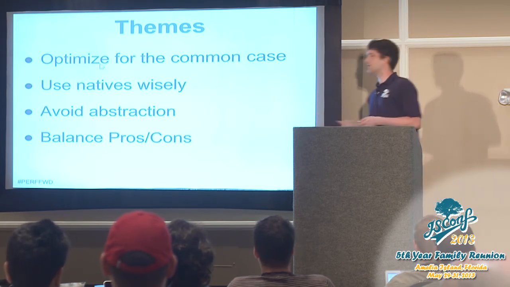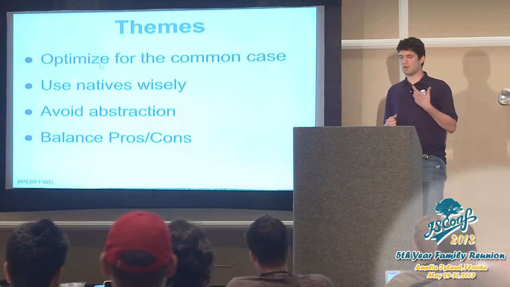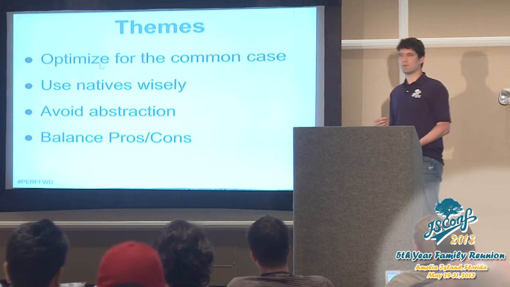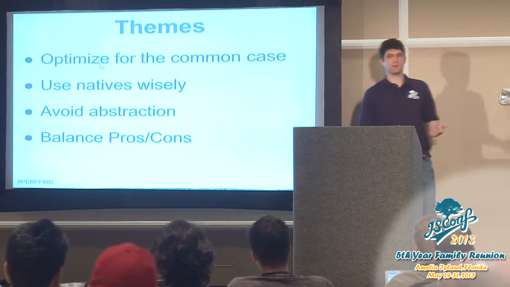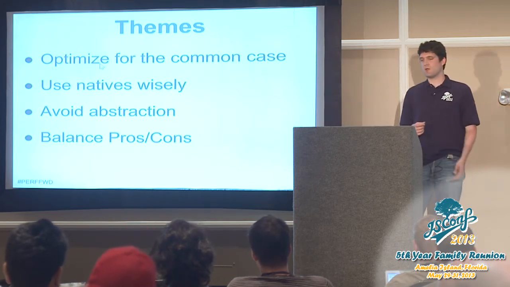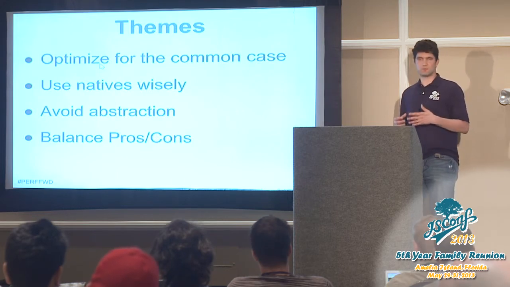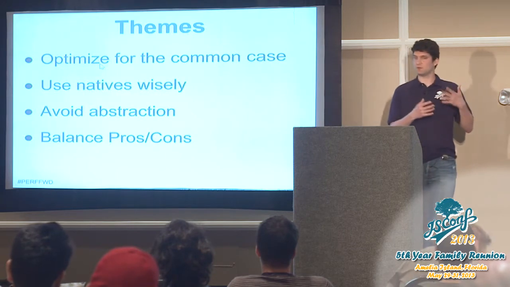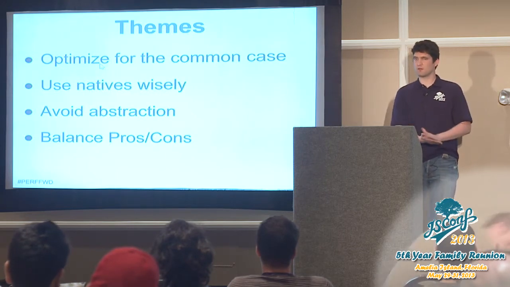And then to balance the pros and the cons. Everything I'm talking about here is just advice. If you're not seeing a performance issue, then you certainly don't have to refactor your code and run out and do it. I work with a lot of low-level library functions where they have to be fast because you don't know what's going to be built on top of it. It's the baseline for a lot of projects.